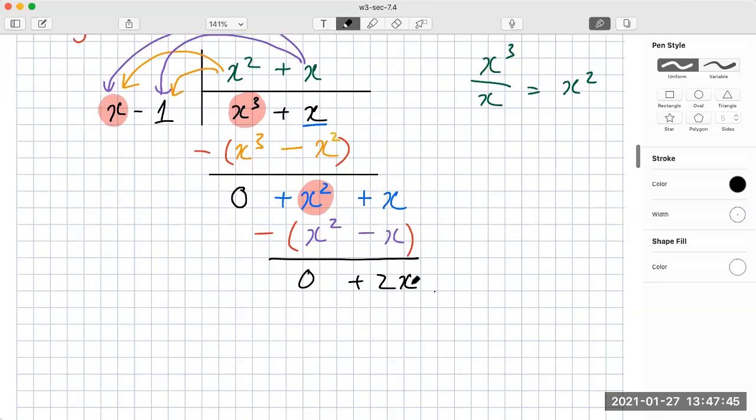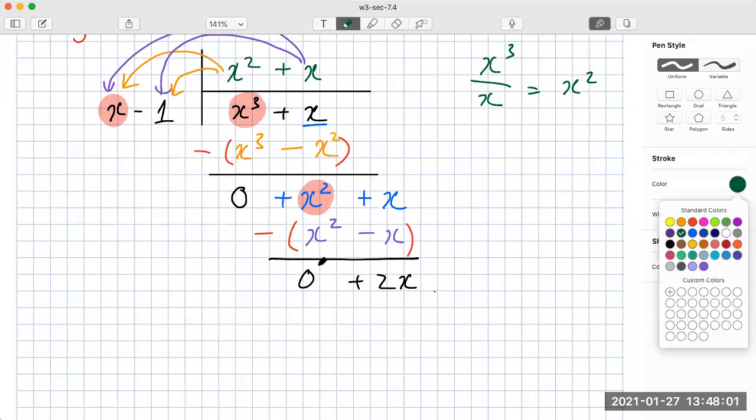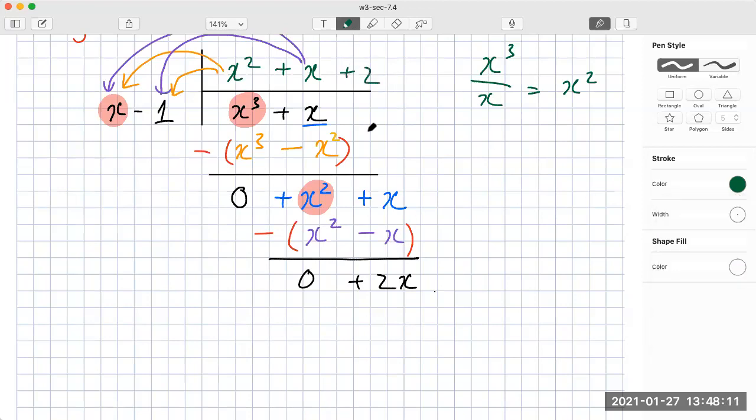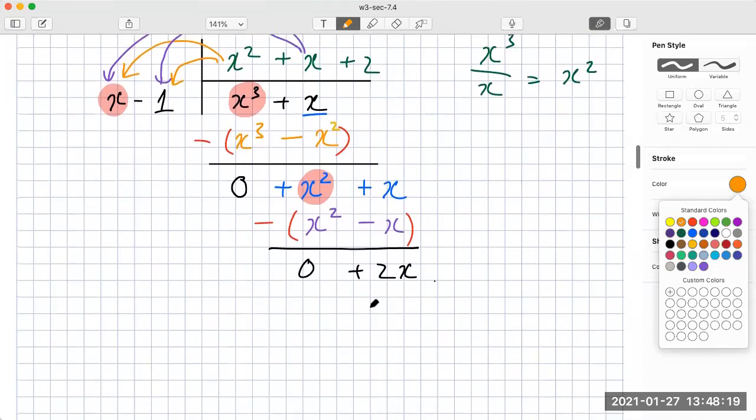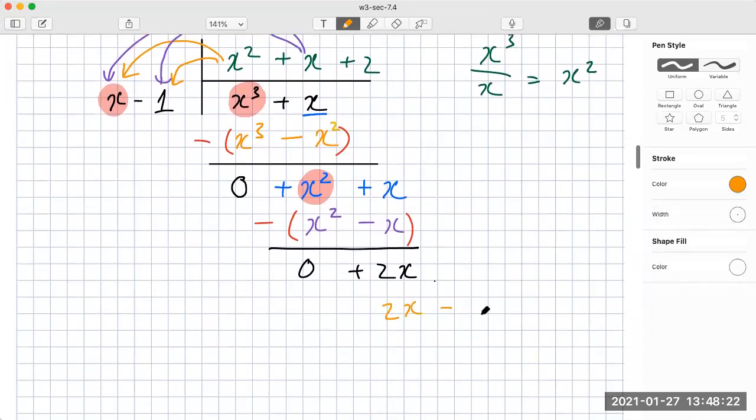So now, what should we do? Because 2x, if we do this, okay, let's continue. But we can stop, we can definitely, okay, let us continue. 2x divided by x give us 2, right? Then again, we multiply back, it will be 2x minus 2, right?